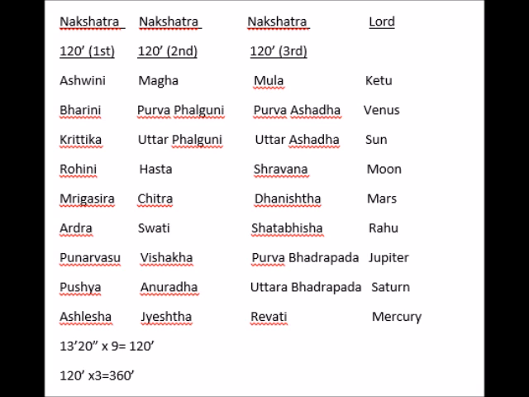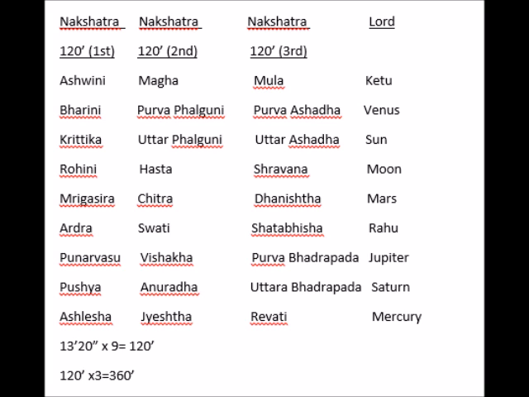Because each of the nakshatras is 13 degrees and 20 minutes, and if you add the two together, it is 26 degrees and 40 minutes, which shows us that it is still in the first zodiac sign, because one zodiac sign is 30 degrees in distance. So this ready reckoner will explain how it goes.